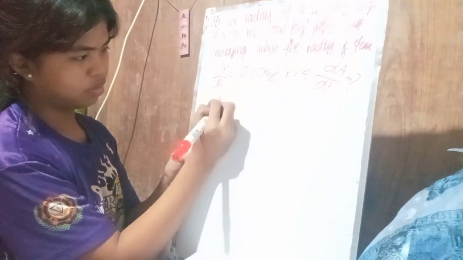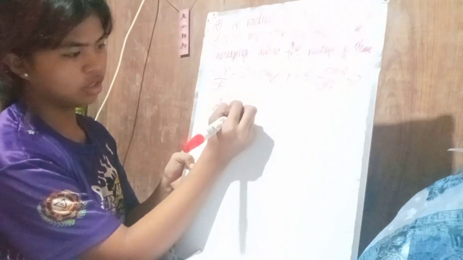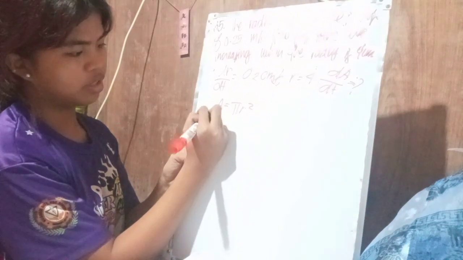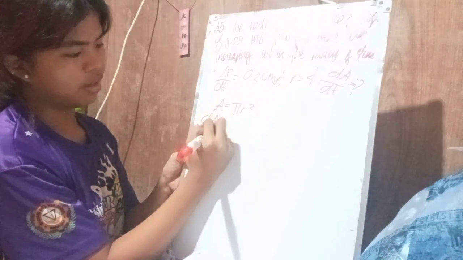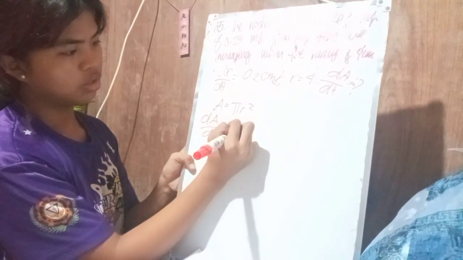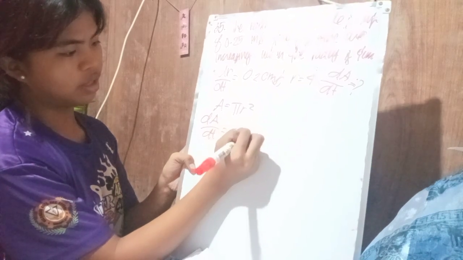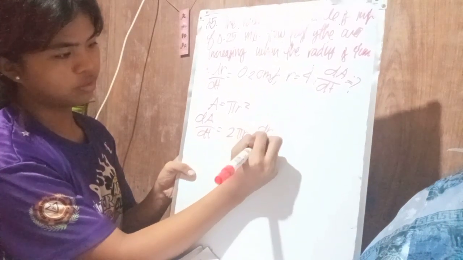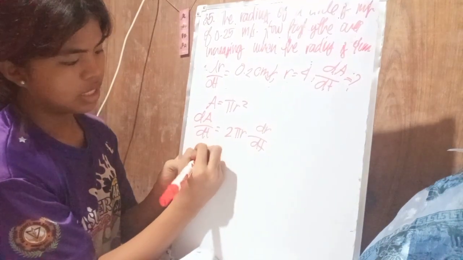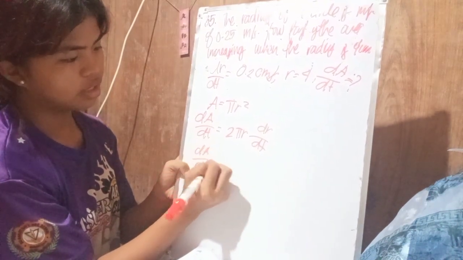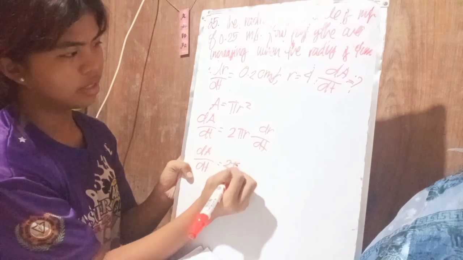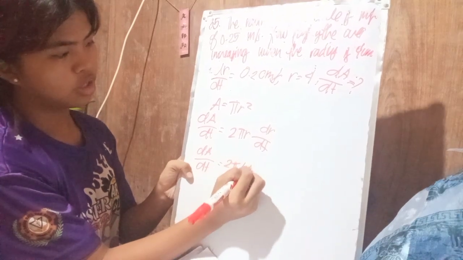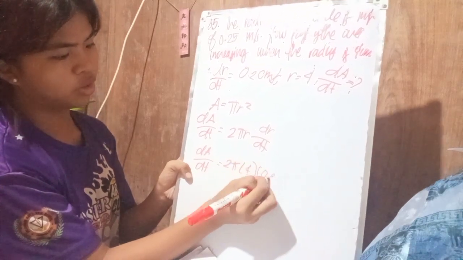Now I'm going to use the formula A equals pi r squared to differentiate it. So 2 pi r dr over dt. So dA over dt equals 2 pi times 4 times 0.2.